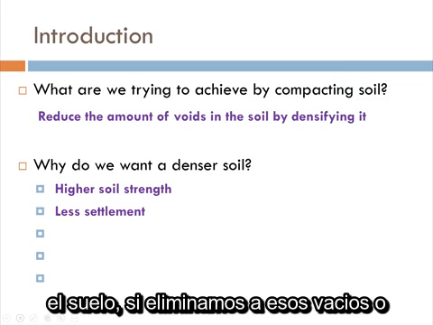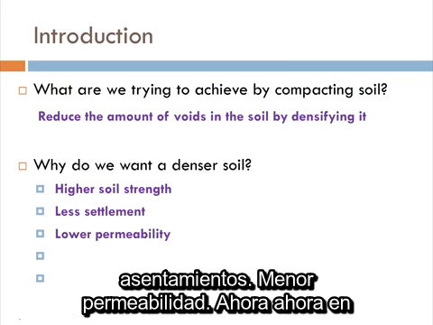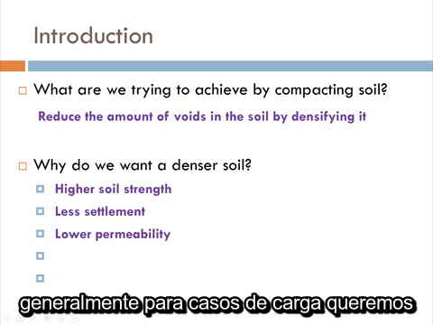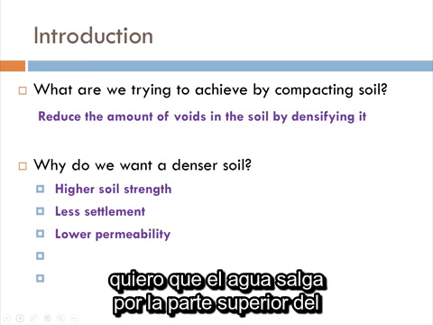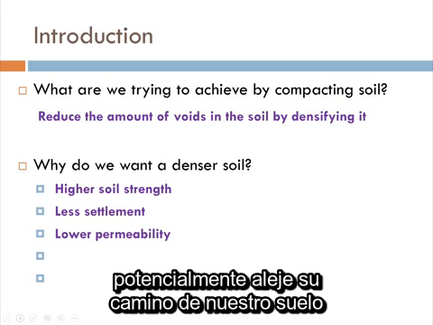If we eliminate those voids or minimize them, then we get less settlement. Lower permeability. Now in some cases we may want permeability, but usually for load-bearing cases, we want to reduce the amount of permeability. We want the water to run off the top of the soil instead of running through and potentially eroding our soil away.